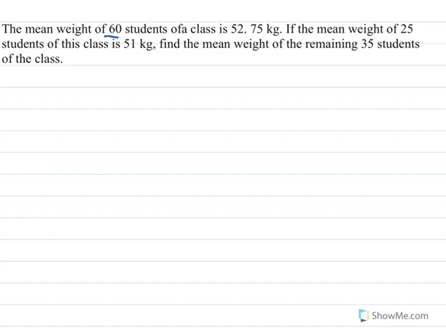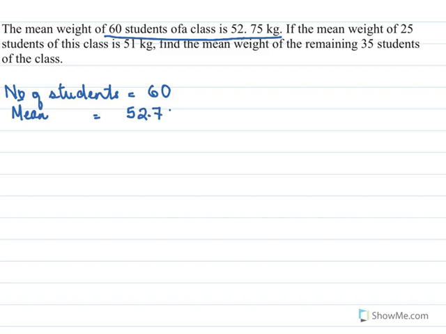Now for the next sum, the mean weight of 60 students of a class is 52.75 kg. So for the total 60 students, so number of students here is 60, the total class, and the mean weight is 52.75.